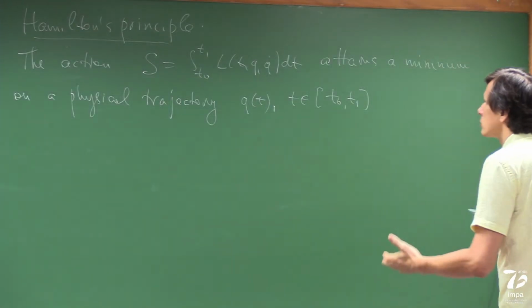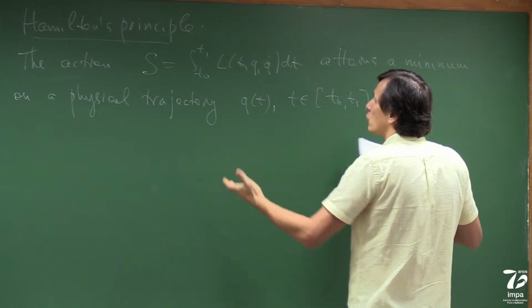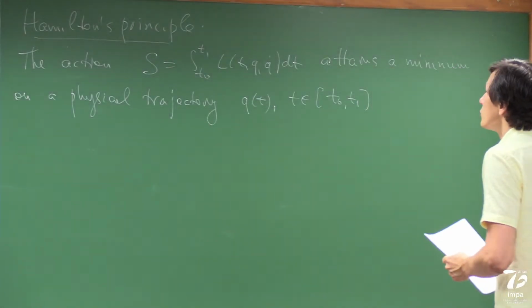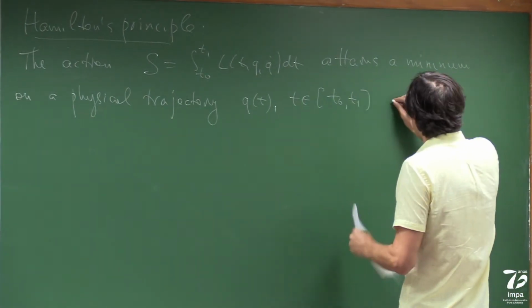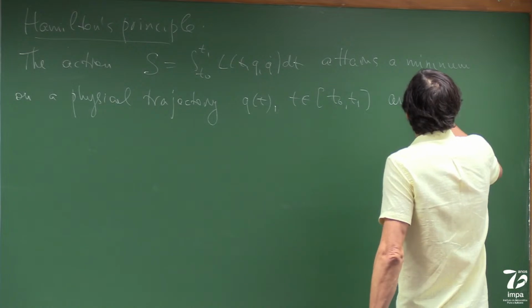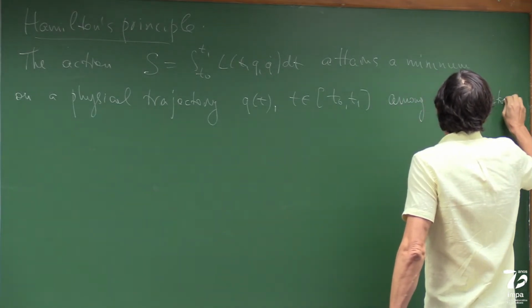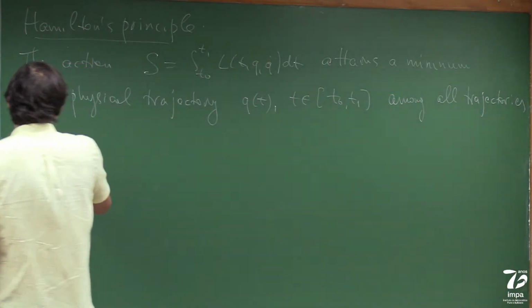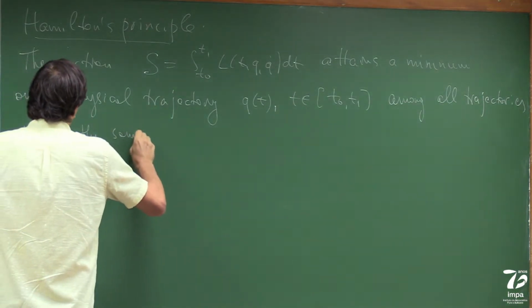There is a physical trajectory and there are other trajectories. So from what set of trajectories do you consider this minimum? This will be among all trajectories with the same endpoints.